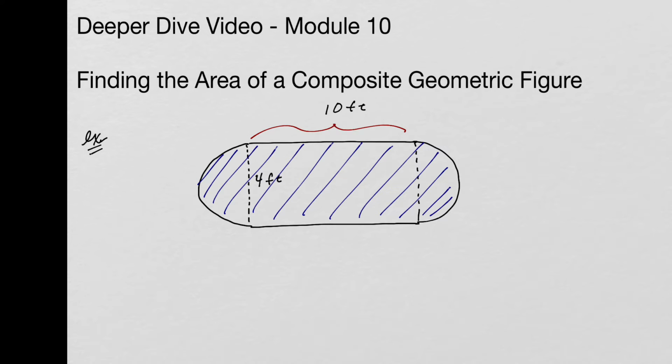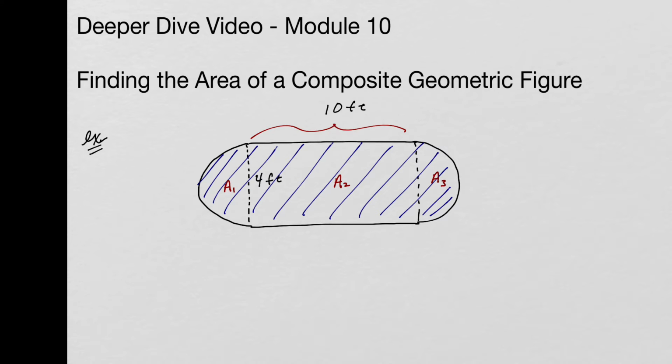Okay, so notice here, right, we can think of this as like 3 different figures. I'll call this area 1. That's like half of a circle, right, a semicircle. I have area 2. That's basically just a rectangle, right? This is area 2 here. And I have area 3, which is another semicircle.